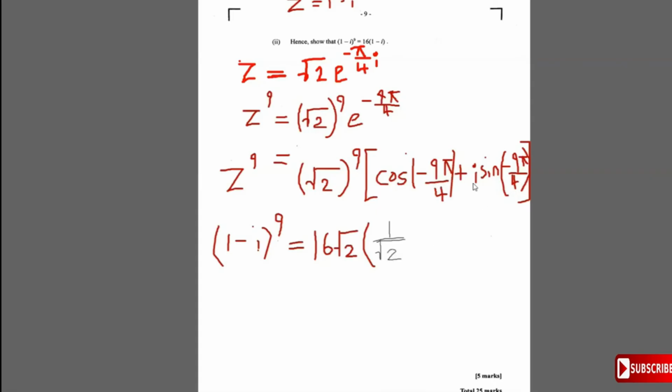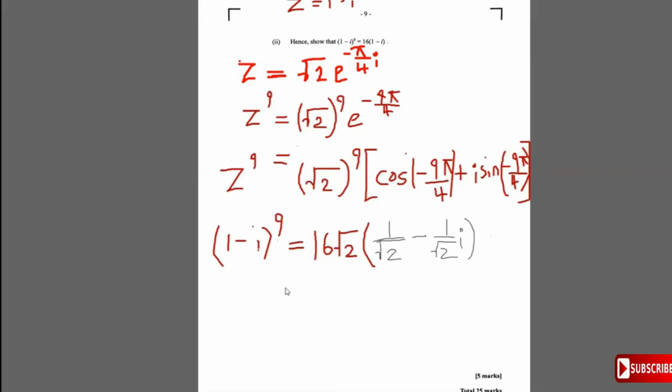Plus i sine of minus 9 pi by 4. The sine of that is minus 1 over root 2, so it's minus 1 over root 2 times i, when you put those in a calculator.